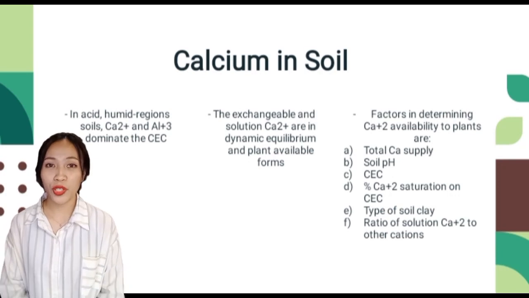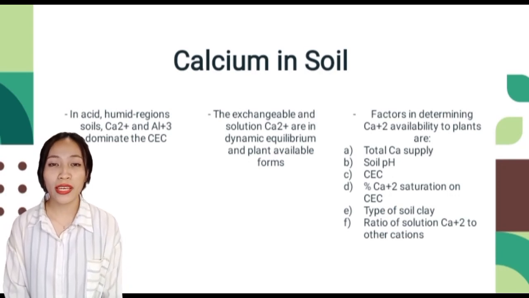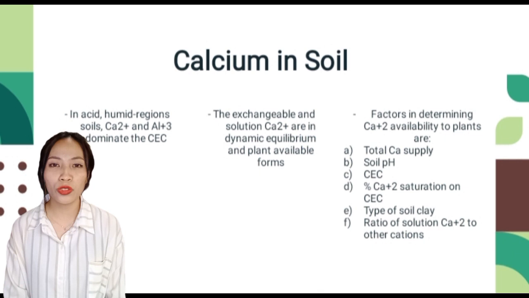In acid, humid region soils, Ca2+ and Al3+ dominate the CEC. Next, the exchangeable and solution Ca2+ are in dynamic equilibrium and are in plant-available form.